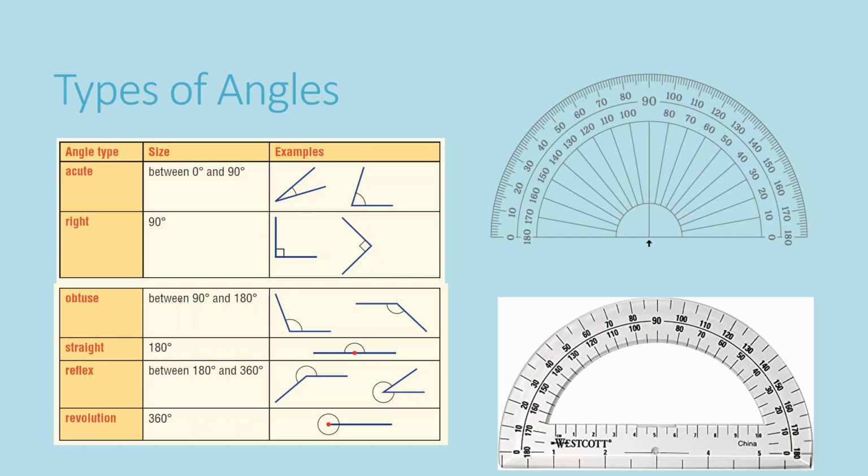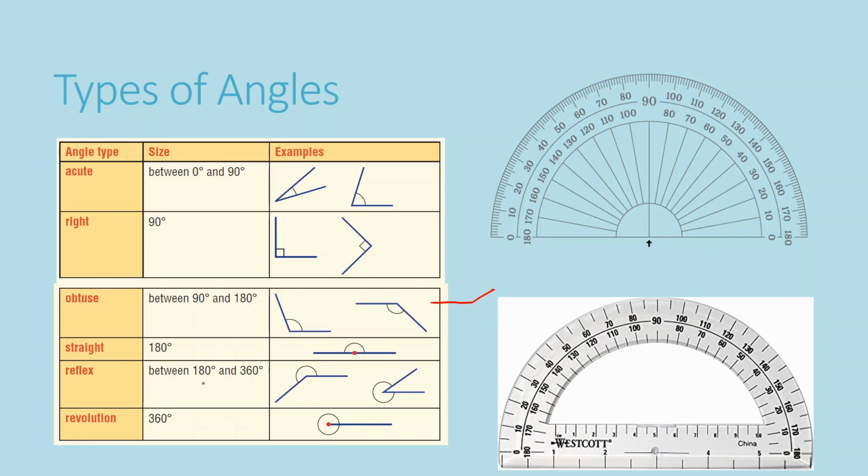An obtuse angle is between 90 to 180 degrees, and it's usually indicated by a straight line and then a line that is tilted up or tilted down. A straight angle is 180 degrees, and it's literally just a straight line with the curved line that sits on top from the center.